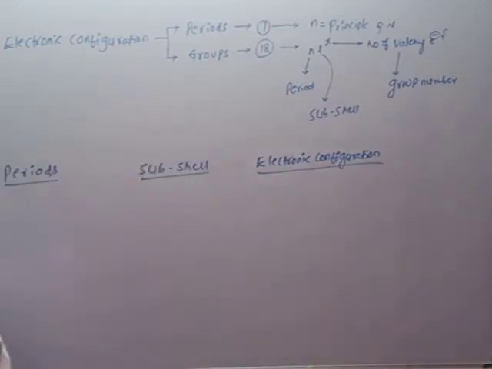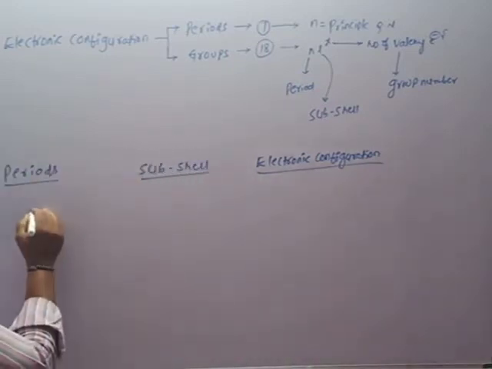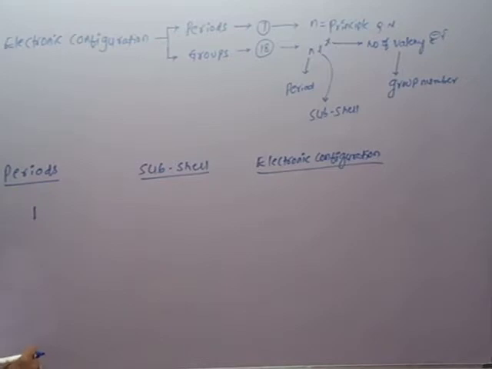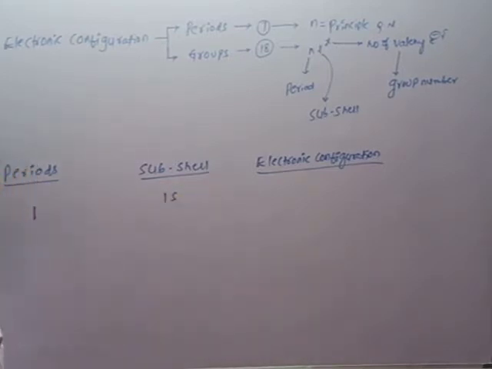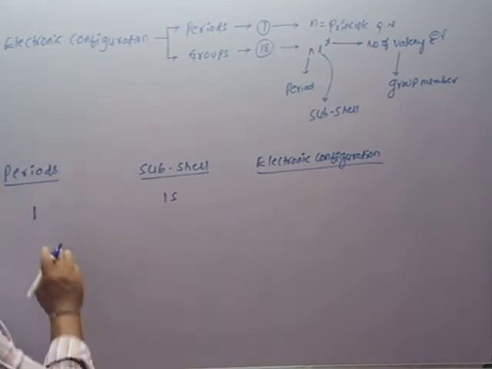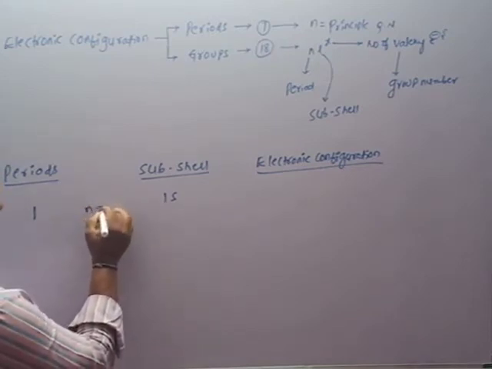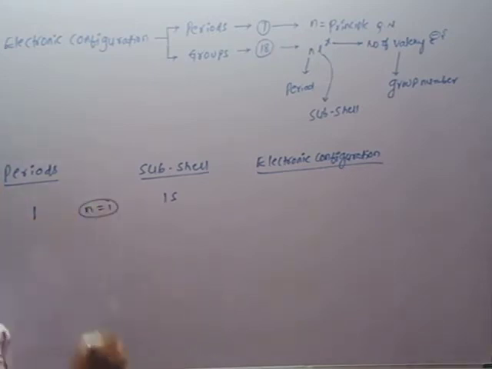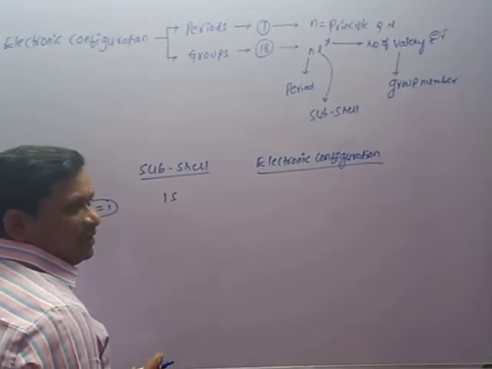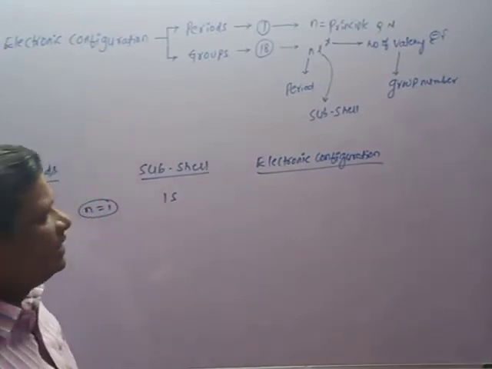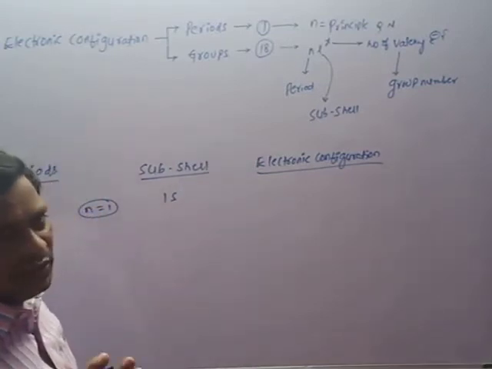For example, the first period, wherein n equals 1. The subshell is 1s. It consists of 1 orbital, and each orbital accommodates 2 electrons.